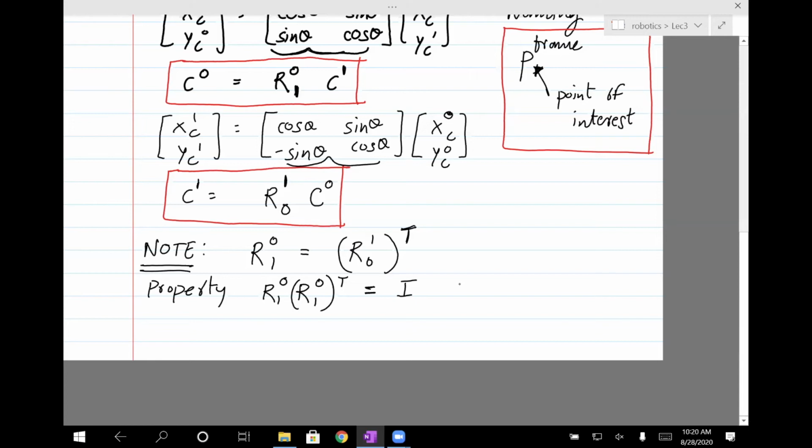So that's a property of rotation matrices. With this property in place, you can multiply both sides by R10 inverse, and you would get R10 transpose equals R10 inverse. Then if you put that back into the first equation, you can see that R10 inverse is the same as R10.